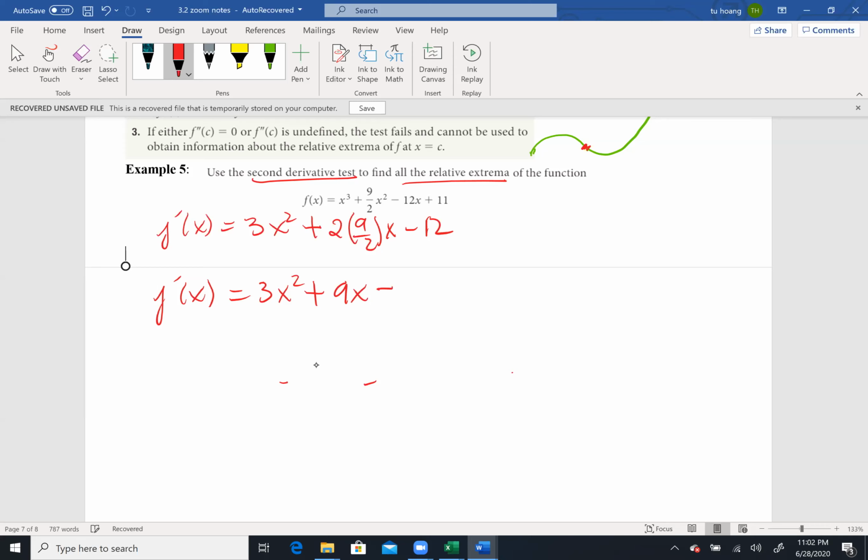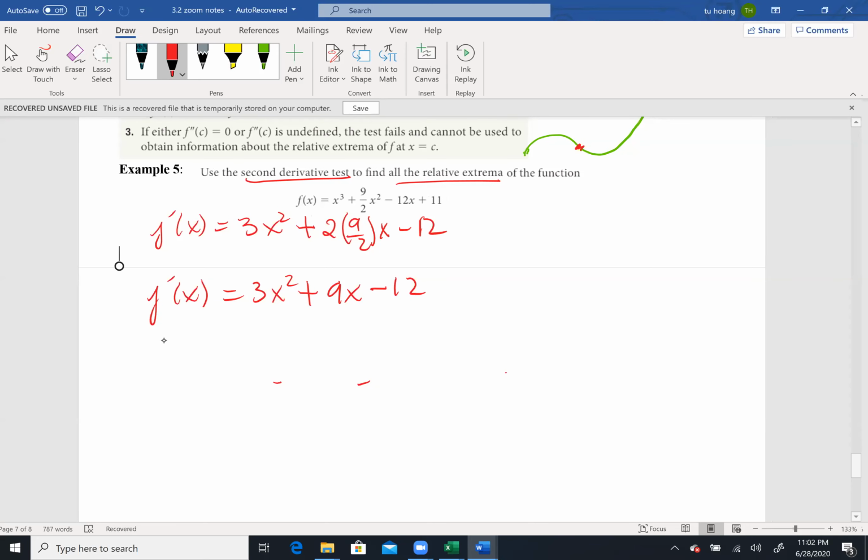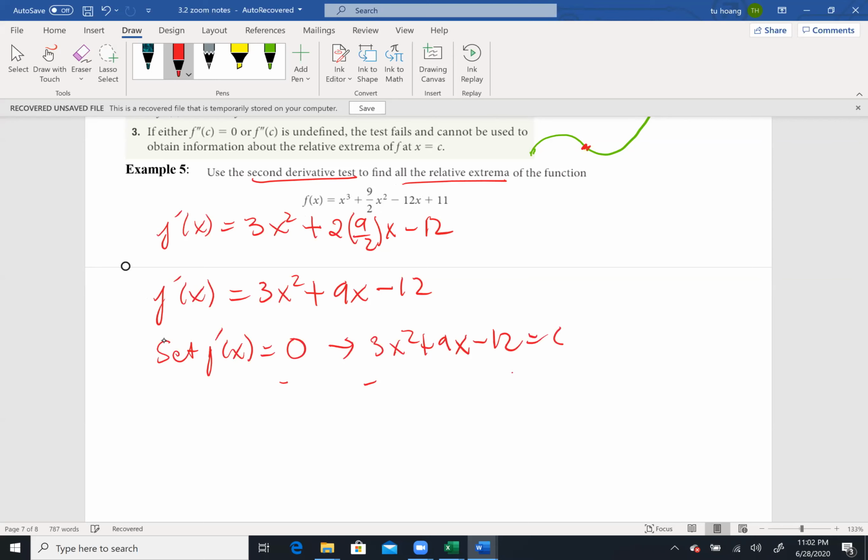Then you set f derivative of x equal to 0, then you have 3x squared plus 9x minus 12 equals 0. And if you divide by 3 both sides, you will get x squared plus 3x minus 4 equals 0.